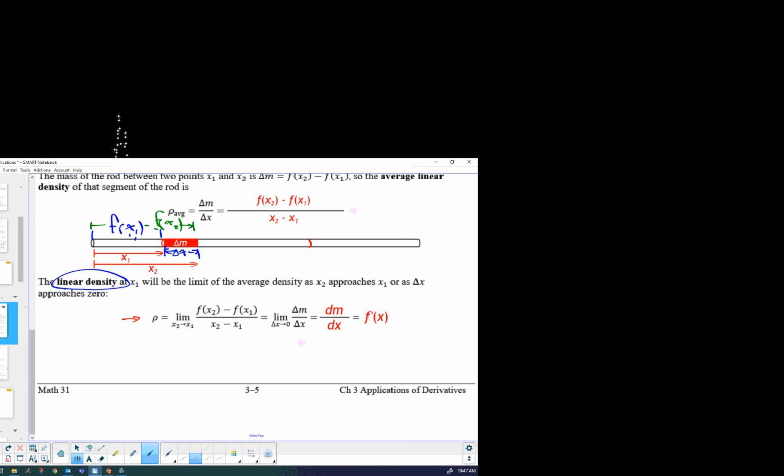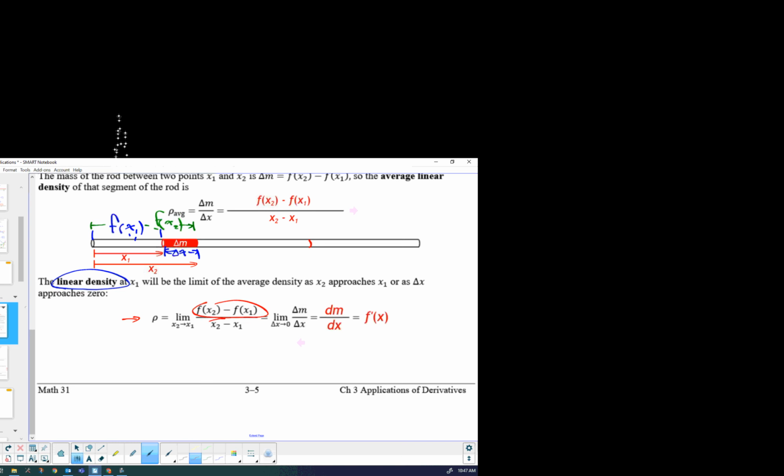No, infinitely thin. Well, there, your mass is going to 0, right? Which is your numerator.